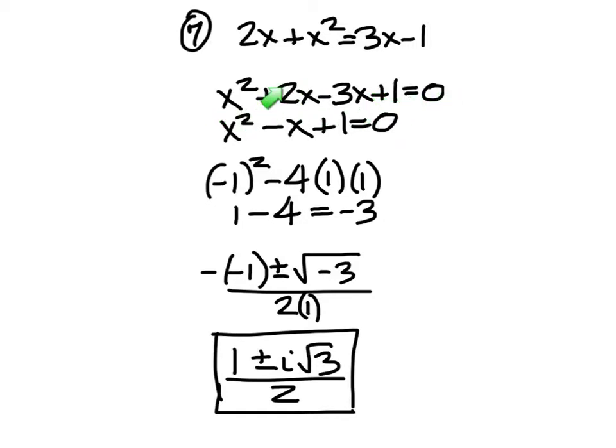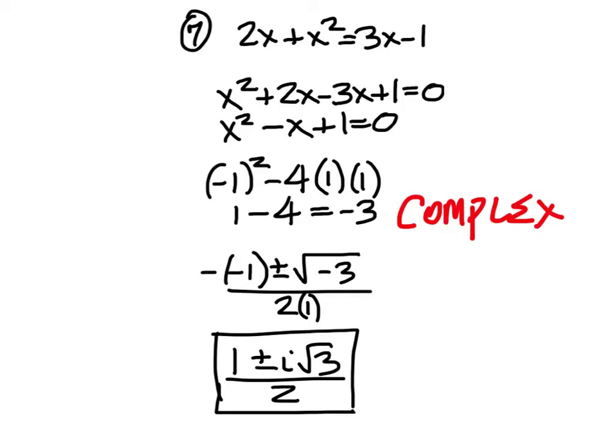Now simplify 2x minus 3x to get negative x. And now you're in the right form. So the discriminant is negative 1 squared minus 4 times 1, which is A, and times 1, which is C. So that's 1 minus 4, a negative 3. So we have a complex answer on this one.